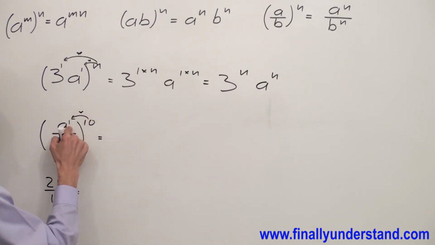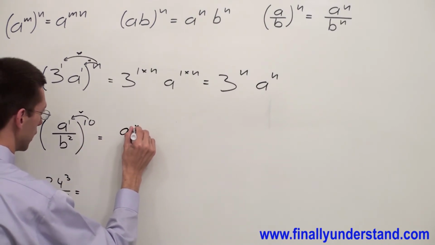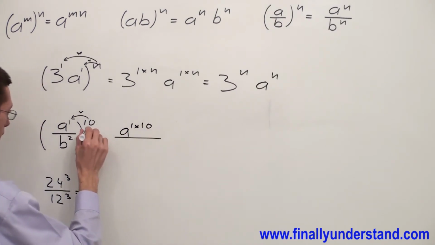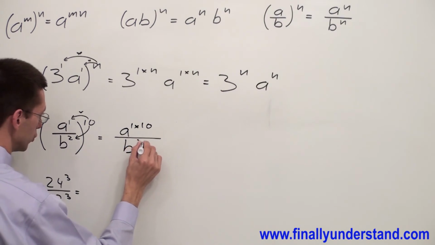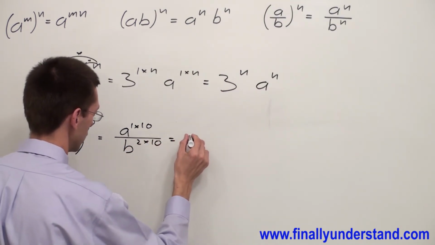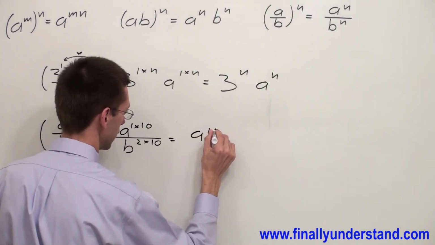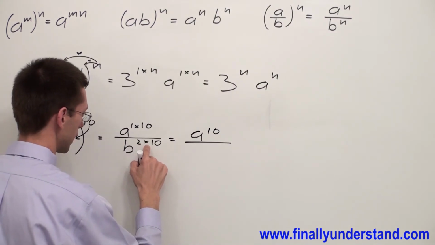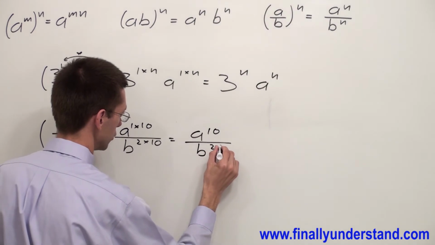So I have a 1 times 10 over, and I have to do the same thing over here, b 2 times 10, which is going to be equal to a 1 times 10 is 10 over b 2 times 10 is 20, b to 20.